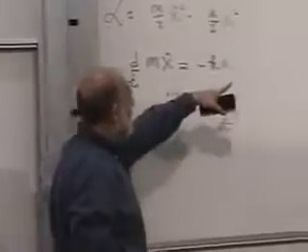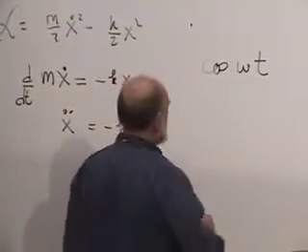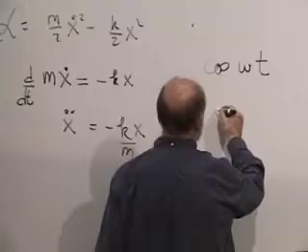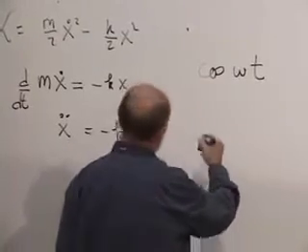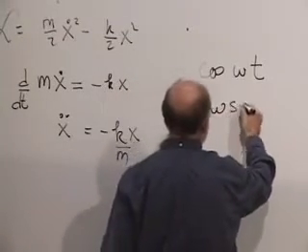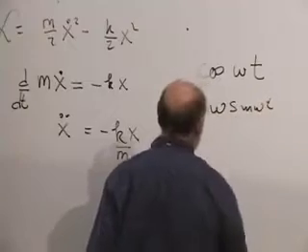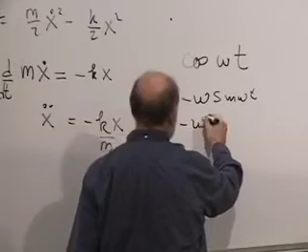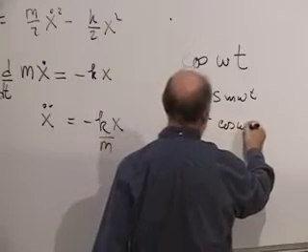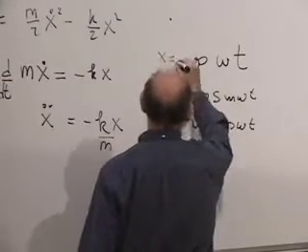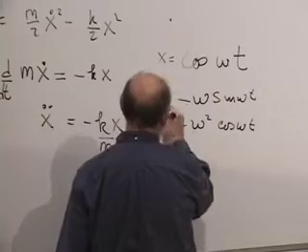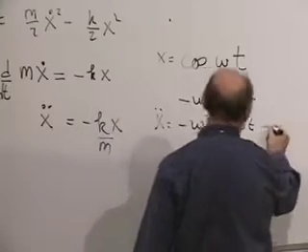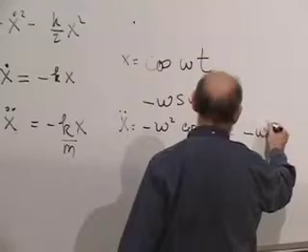What is the first derivative of this with respect to time? Again? Minus omega sine omega t. What's the second derivative? Minus omega squared cosine omega t. So if I call this x, then this is x double dot, and notice that it's just minus omega squared times x.